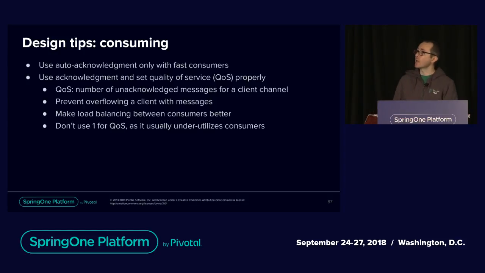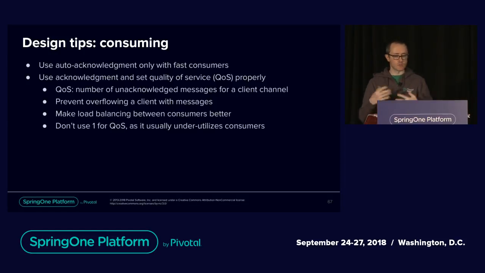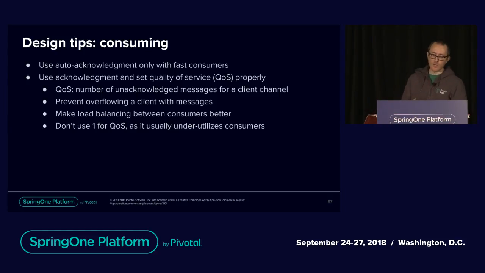And when I acknowledge one of them, give me another one. So it's some kind of flow control here. So you will avoid overflowing in this case and make load balancing much easier between your consumers, because the broker will typically use all of them.